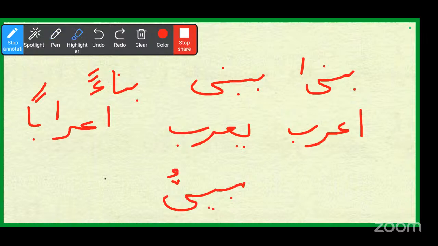Mu'ribun is ismu fa'il, and mabniyan is ismu maf'ul, and mu'raban is also ismu maf'ul.